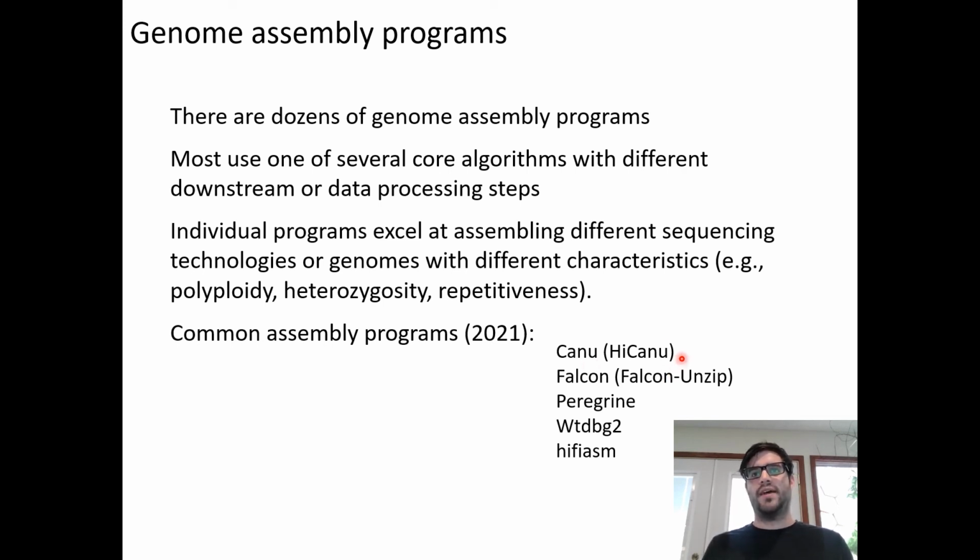But then there's this other program, HiCanu, that is tweaked for working with these very high quality HiFi reads that we talked about that have an average error rate of less than 0.1%. Programs are constantly being updated. But in this course, we will be talking and working with these last 2 programs here.